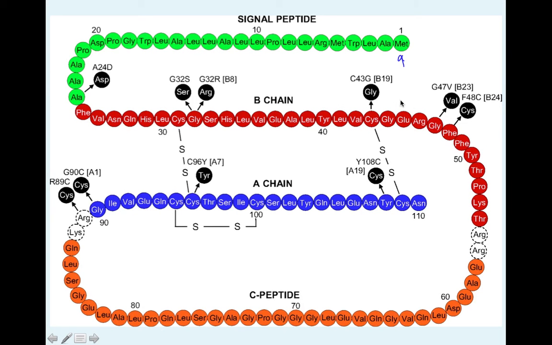This last thing is just showing you the amino acid sequence for insulin. So this is what insulin is. Notice that my first amino acid in insulin is methionine. And then here are all of the amino acids in order for insulin. If you had one of these amino acids out of order, say right here where I have a proline, say this proline somehow got switched and it was glycine instead of proline, that would make this protein inactive and you would be diabetic.